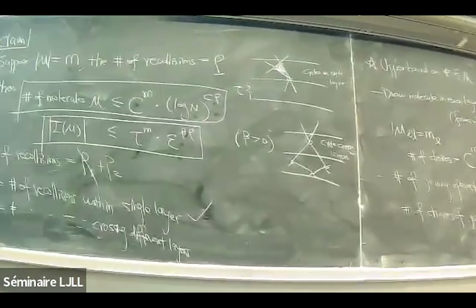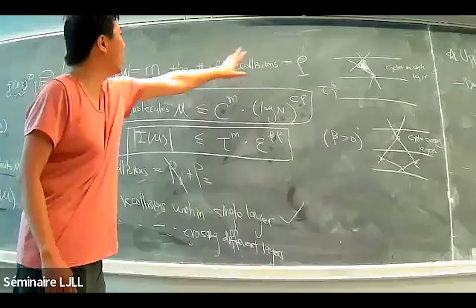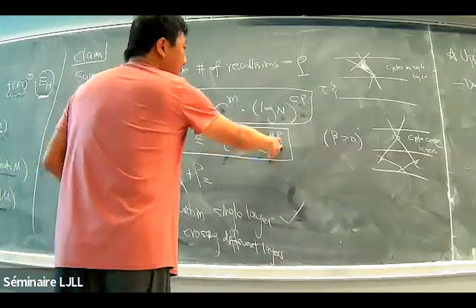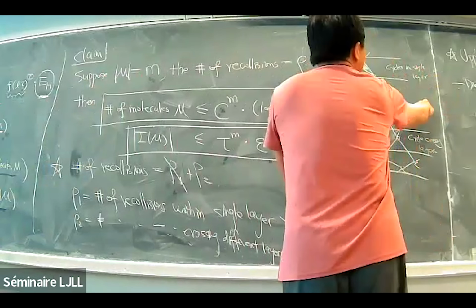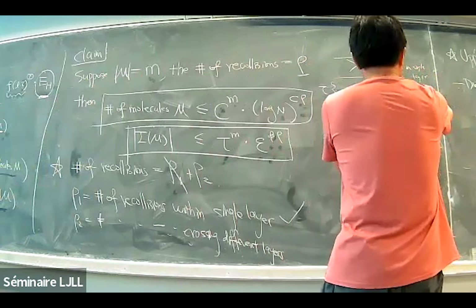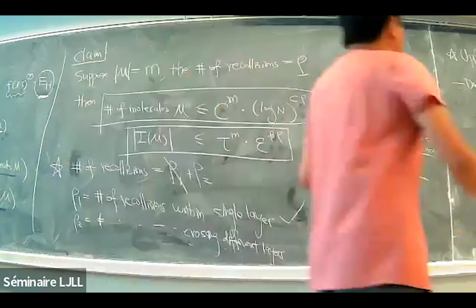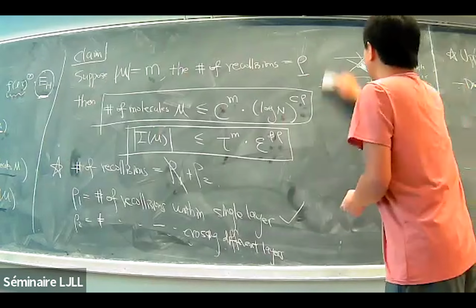Let me make one more simplification. Remember, this rho is the number of equations. We actually see that this rho is closely linked to the number of crossing particle lines. Remember, we have this R of M_L, which is the number of crossings at each layer.